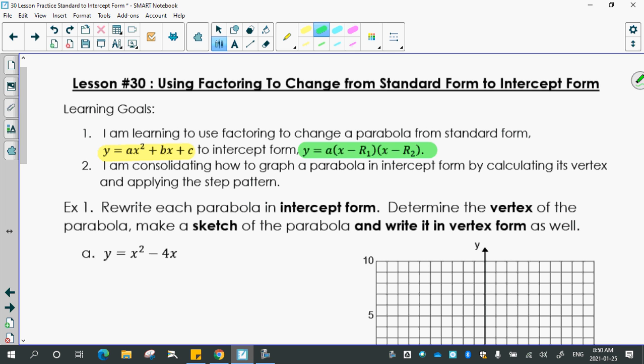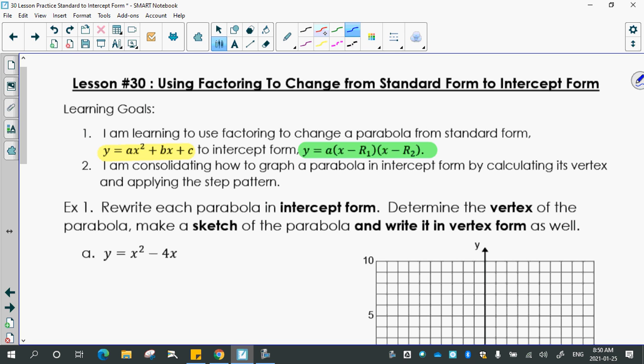And H is R1 plus R2 divided by 2. And K is A times H minus R1 times H minus R2. So those are the big things we added on for graphing last week. Okay? And that's what today is. That's all today is.